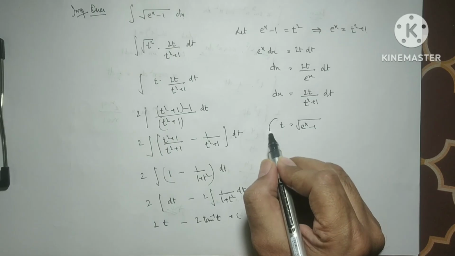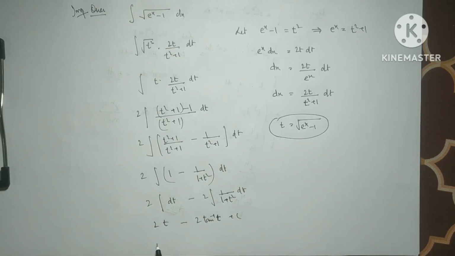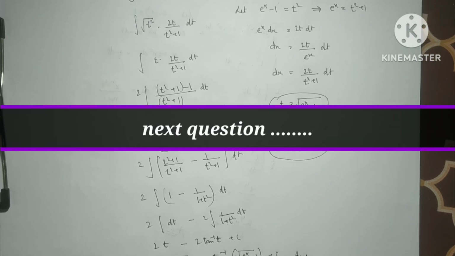So we put this value in place of t. We get twice of under root e to the power x minus 1 minus twice of tan inverse of under root e to the power x minus 1 plus c.